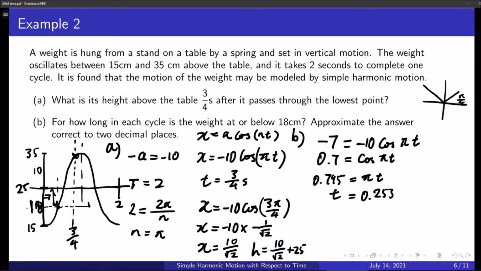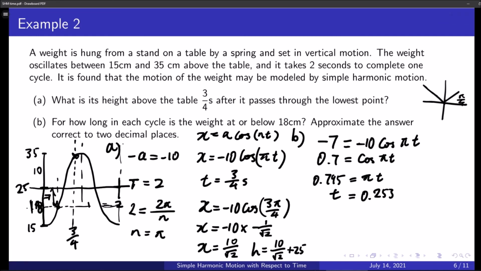But the time in each cycle where it's below 18, yep. So of course, that means this cycle we're looking at now, we want to find this portion as well.